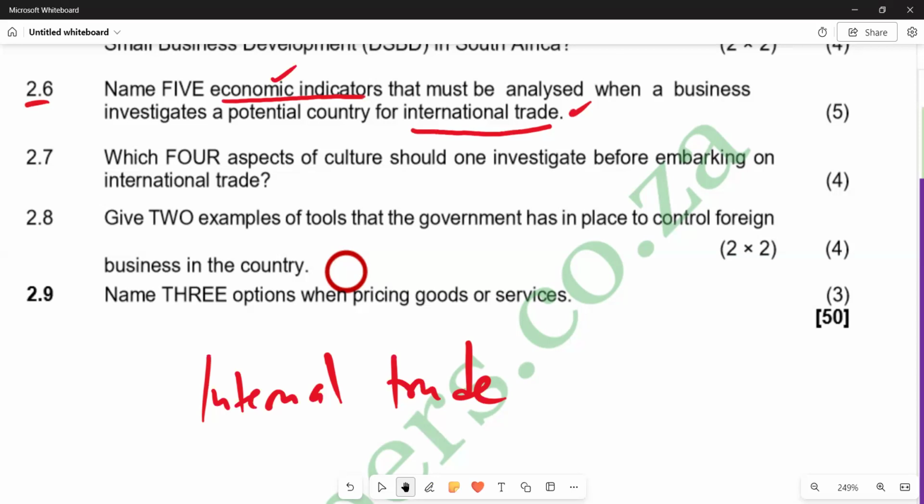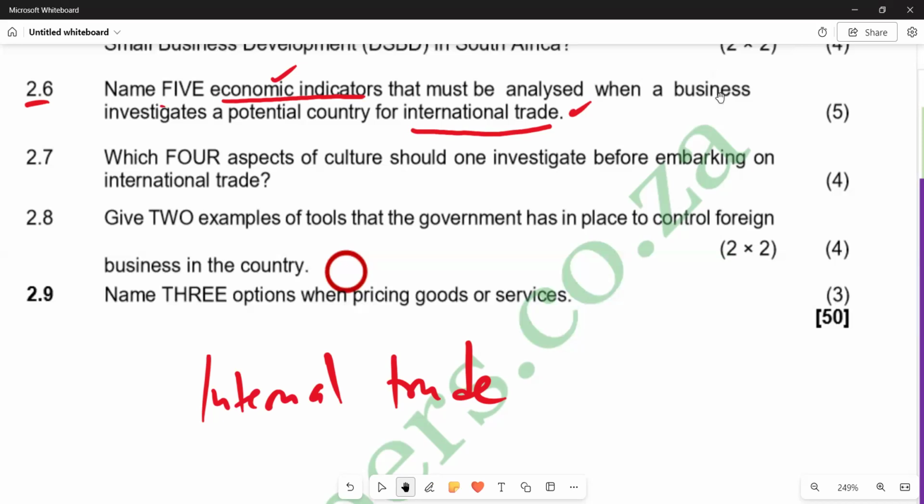So our question requires us to raise 5 economic indicators that must be analyzed when a business investigates a potential country for international trade. A potential country is basically a country that we can trade with. So what can really affect the level of imports which we are going to buy from other countries? Those are the economic indicators being asked here.